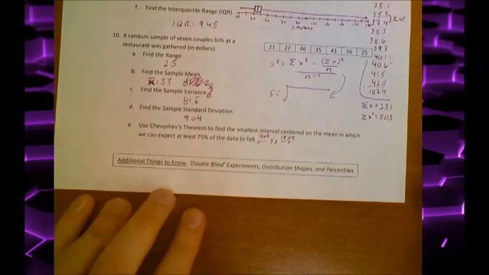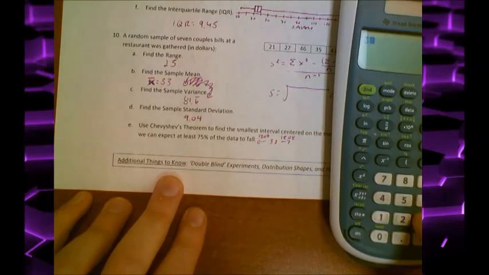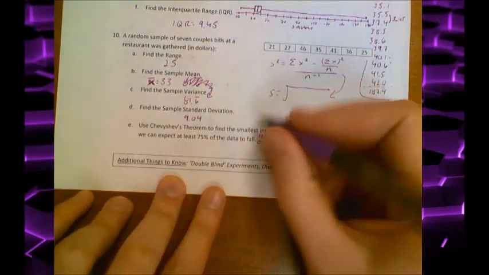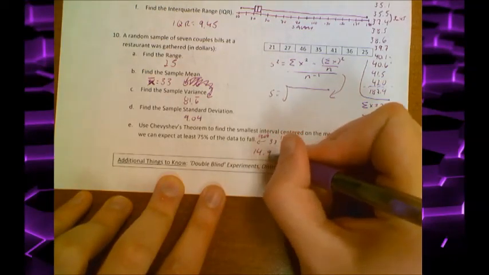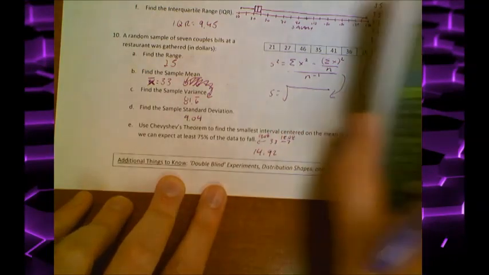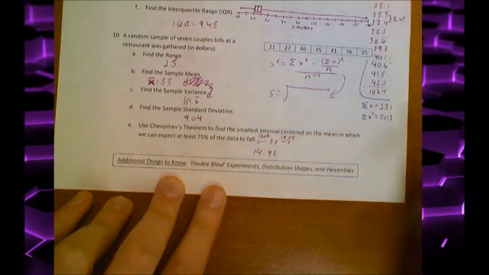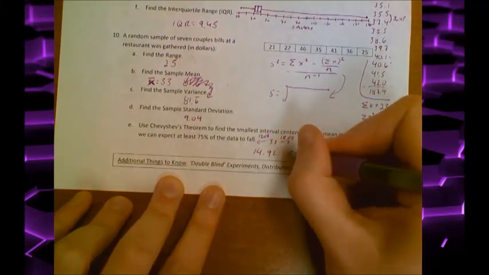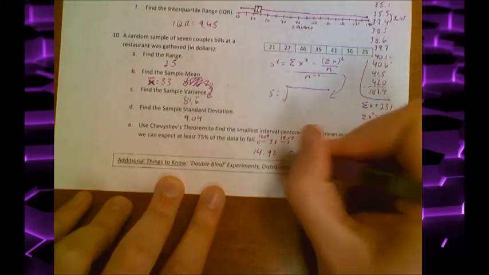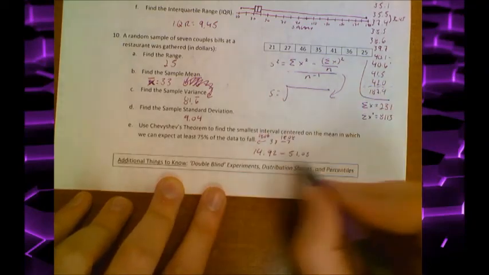So 33 minus 18.08 gives me 14.92, and my top range, 33 plus 18.08, maybe 51. So in that interval is going to be 75% of my data.